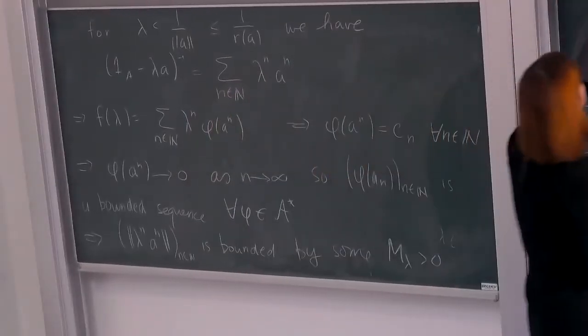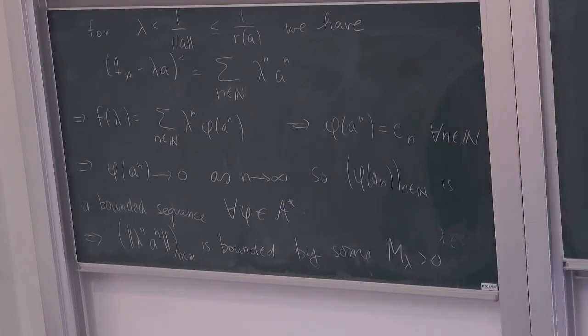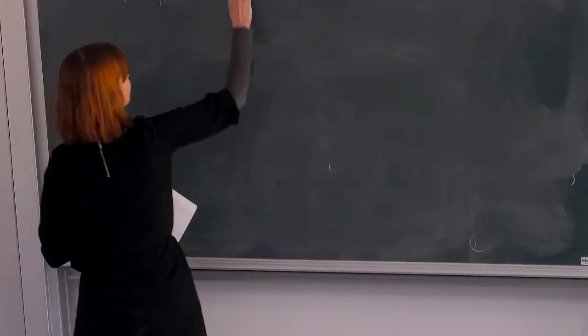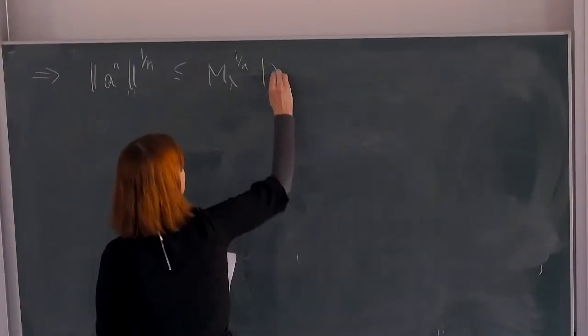And we're nearly done with this proof. So that tells us that the norm of A^n to the 1 over n is less than M lambda to the 1 over n times lambda inverse.